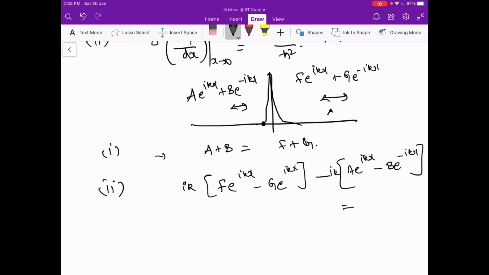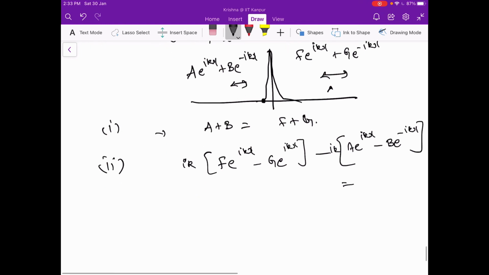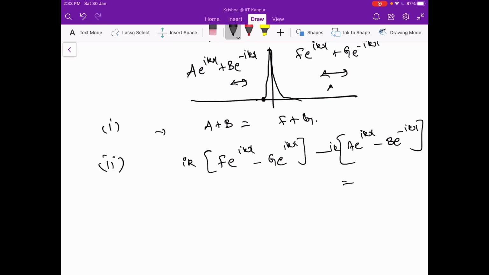This is the differential, but then the differential has to be calculated at x = 0, which will give us ik(f − g) − ik(a − b), which will be 2mα/ħ² ψ(0), right?